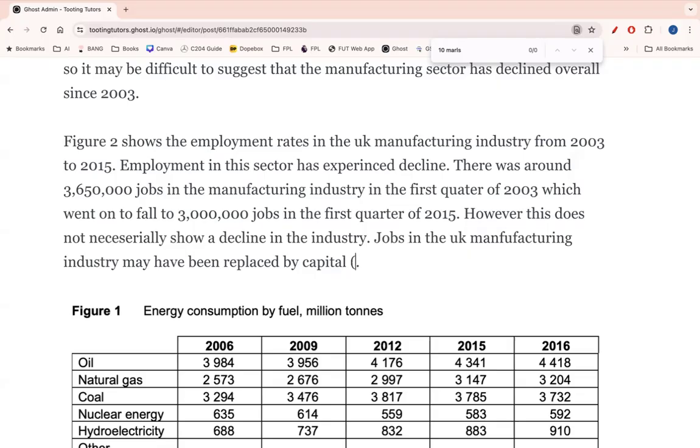And then the last one is just to pick either figure 1 or figure 3. Figure 3 looks a little bit complicated.